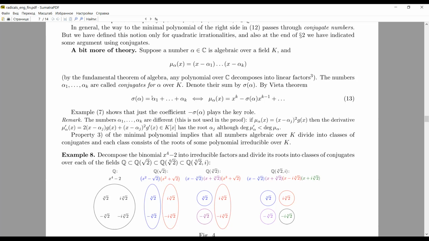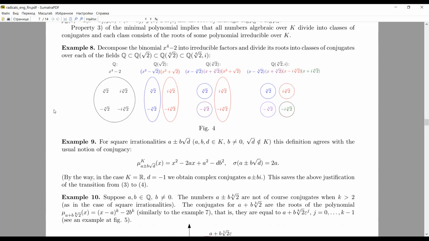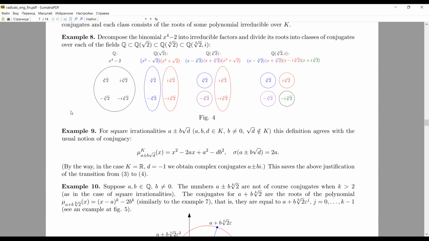It's easy to show that they are different numbers using derivation, but actually this is not used in the proof. Okay, this is example 8. This is just an example of how to divide roots into classes of conjugates over different fields, one of the problems in the project. Okay, and now let's formulate the main lemma, and maybe before that we consider one more example.